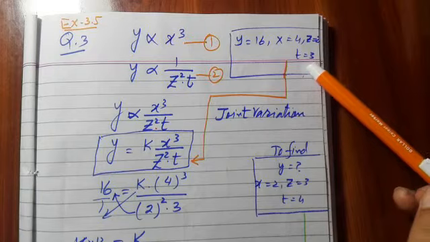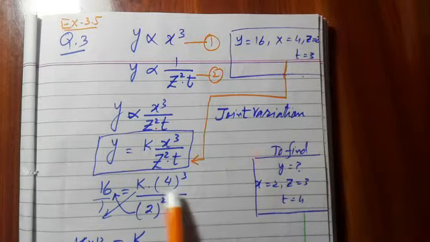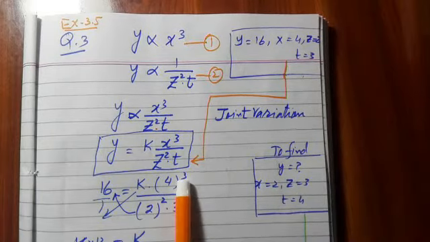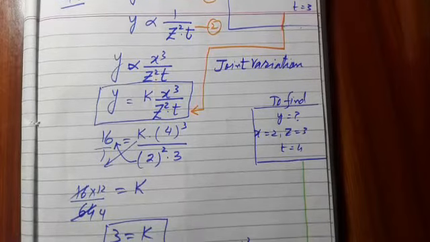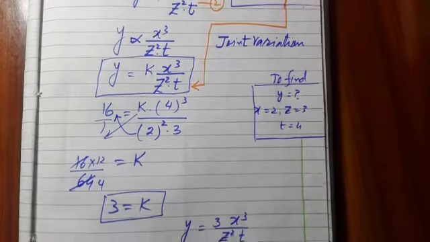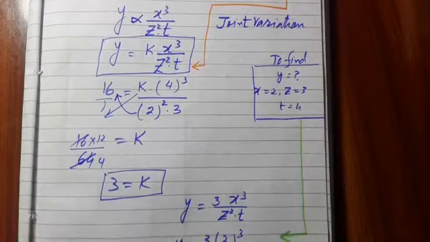All these values will be substituted in this formula to derive the value of k. Once the given values are substituted, we will be getting a set of values. After the simplification we will be getting k equals 3.